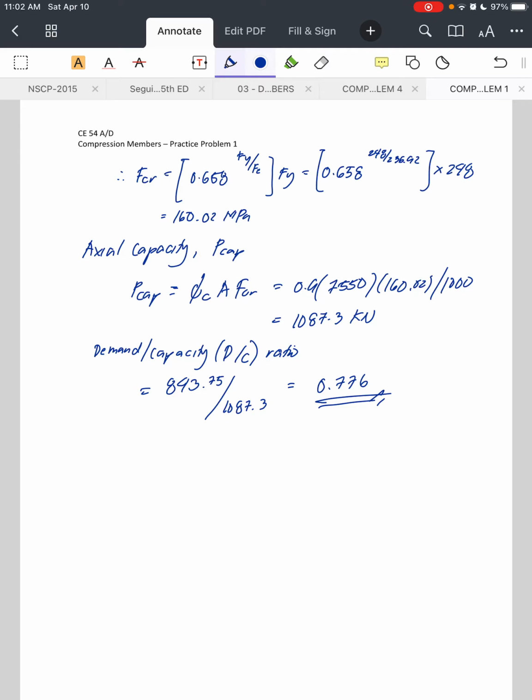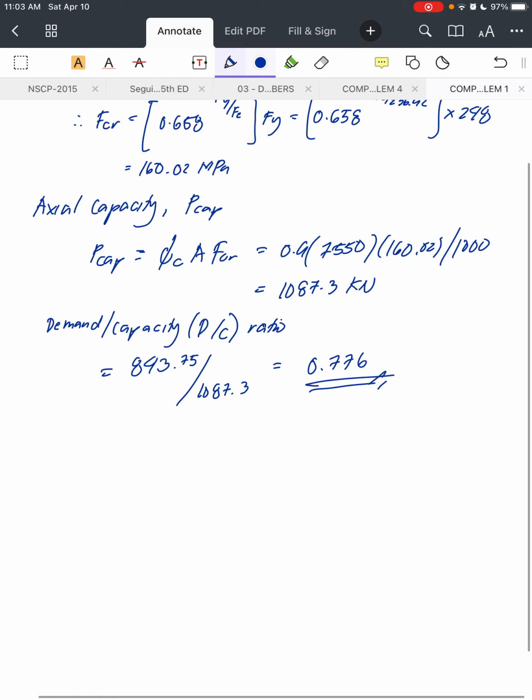Okay? So ang masasabi natin na pasado. Pasado yung member natin, pero hindi sagad na sagad sa capacity. Kumbaga, may allowance pa siya na 22, if I'm not mistaken, 22% na allowance, di ba?